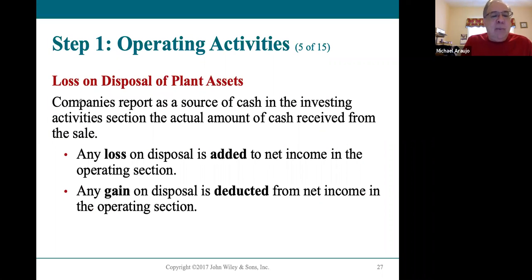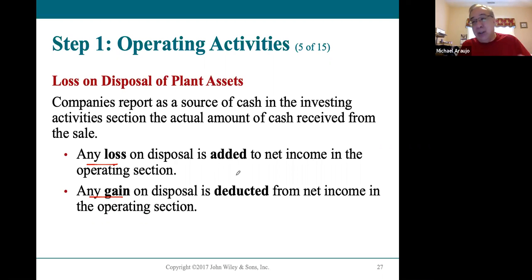Now, remember, if we had any loss or gain, we already added or subtracted it to get net income, because remember the multi-step income statement, there's the section after the income from operation that we had other revenue and gains, other expenses and losses. So we've already added the gain into the net income.